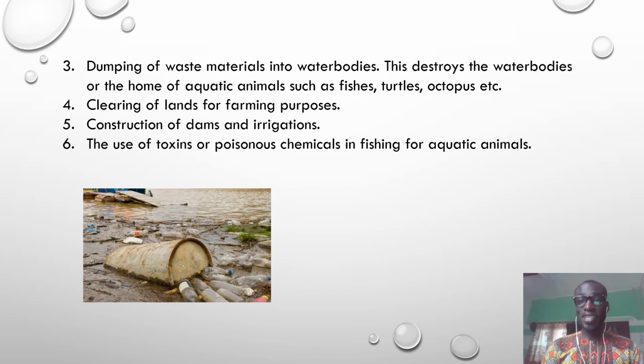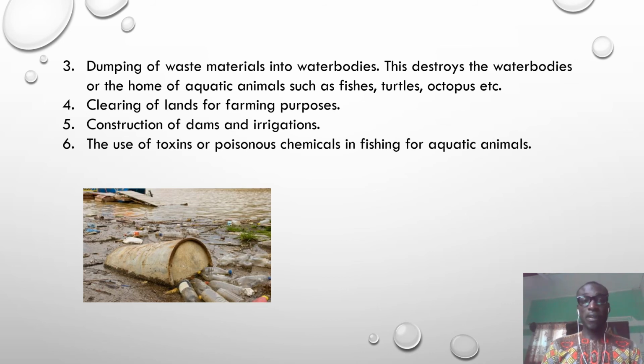So let's look at another factor that causes imbalance in the ecosystem. So we have dumping of waste materials into water bodies. This destroys the water bodies or the home of some aquatic animals such as fishes, turtles, octopus, and so on.